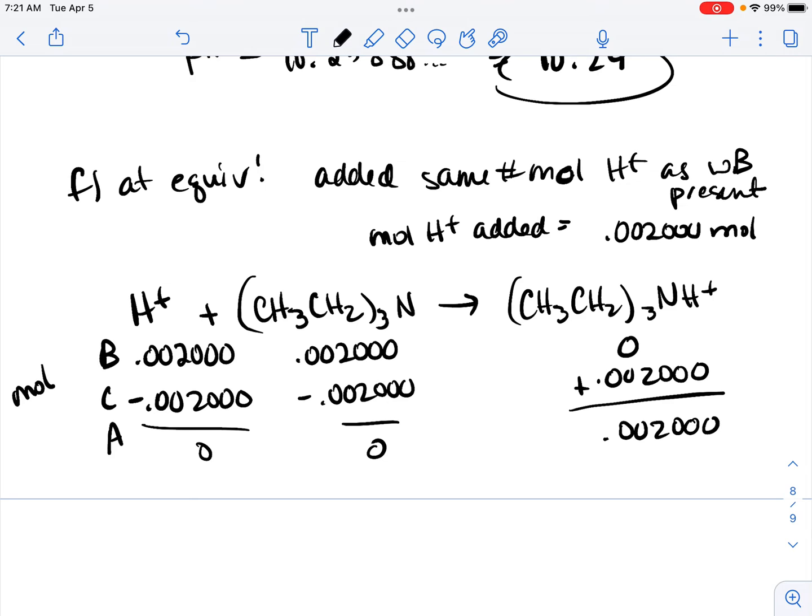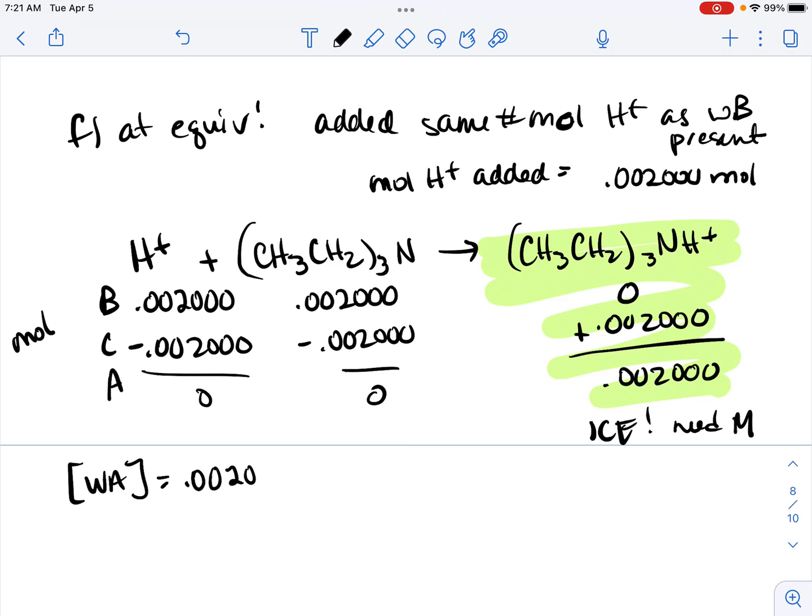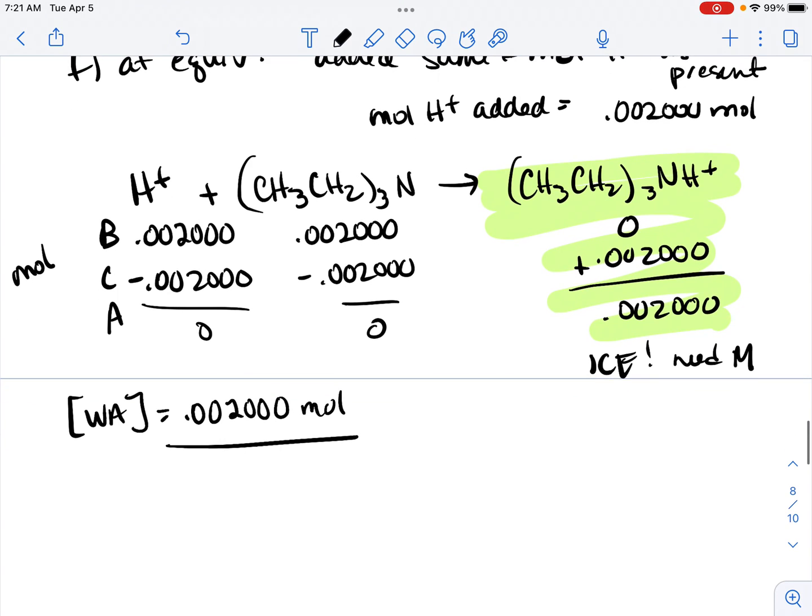Okay, so now all that I have left in my flask is my weak acid. Everything else is gone. So I have to ICE it, which means I need molarity. The concentration of the weak acid at this point will be 0.002000 moles divided by my new combined volume.